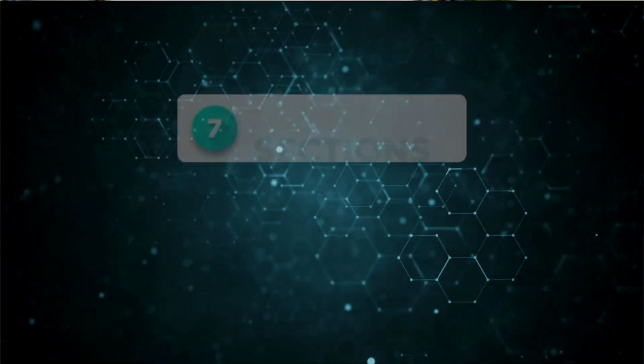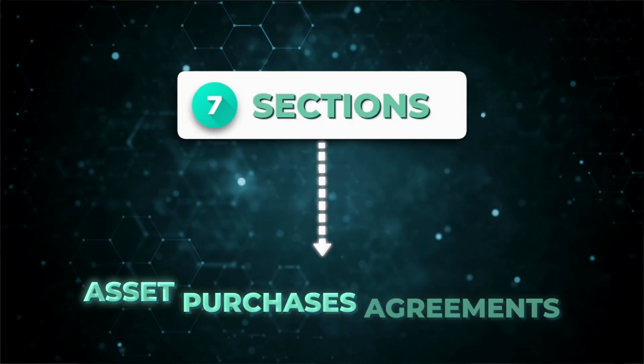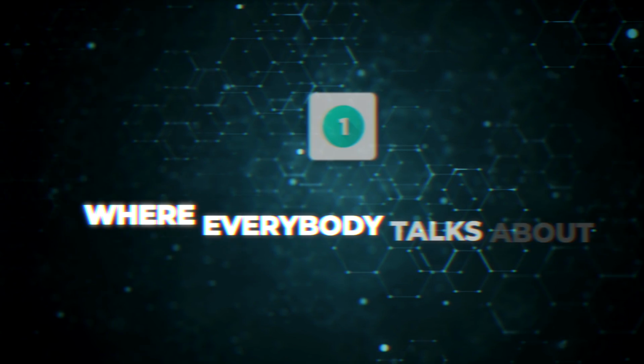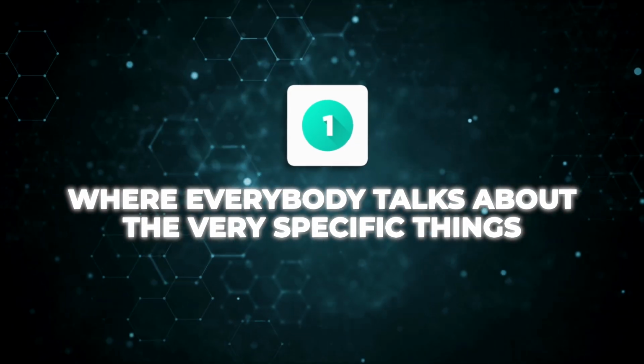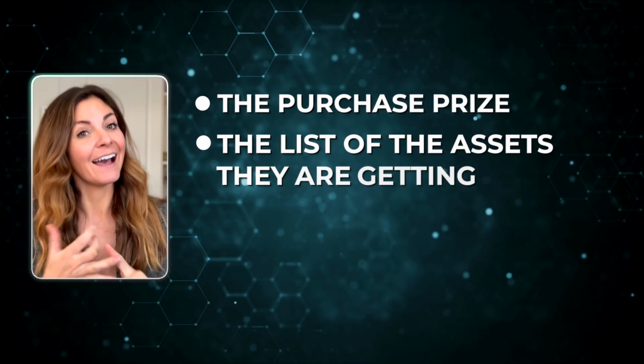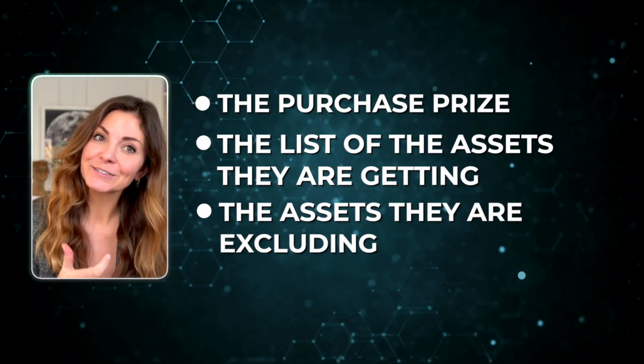So I would say that there are 7 sections of most asset purchase agreements, and they usually actually follow the same path too. So mine are in articles, some are sections, but we'll say Article 1. Article 1 is usually where everybody talks about the very specific things. I think it's because the parties don't want to have to flip too far for the things they care most about, like the purchase price or the list of the assets they're getting and the assets they're excluding.